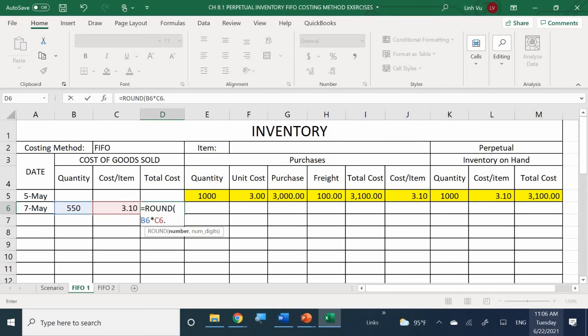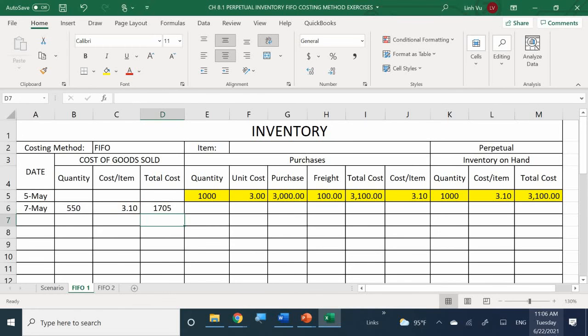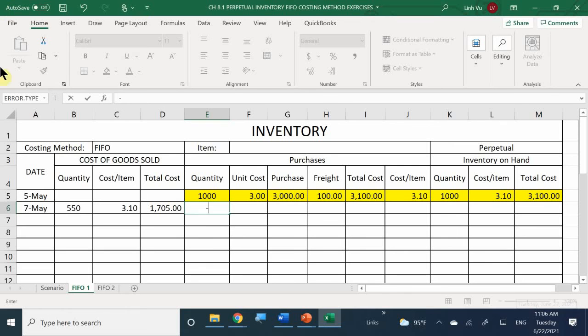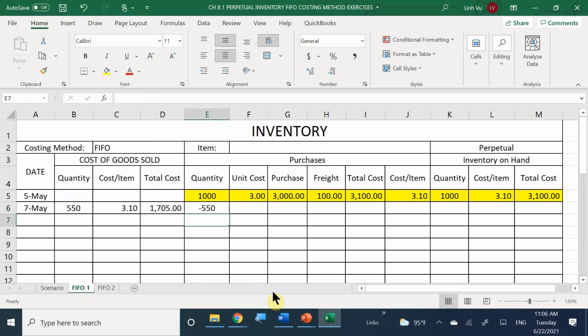So in this case, what is my total cost of goods sold if I sold 550 units at $3.10? 1,705. Exactly, 1,705 is my answer here. Excellent. Now that I calculated my cost of goods sold, I'm going to transfer the information over because I need to reflect that I got rid of it.